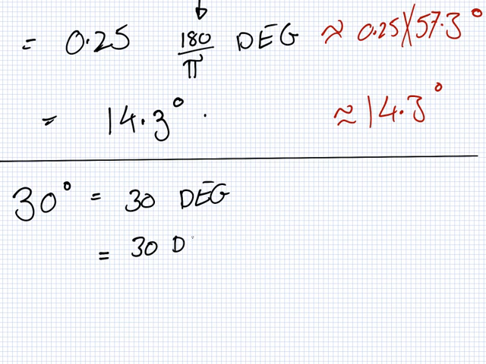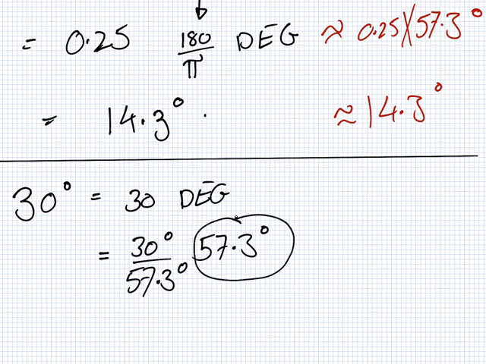30 degrees is equal to 30 over 57.3 degrees times 57.3 degrees. But what is 57.3 degrees? A radian.